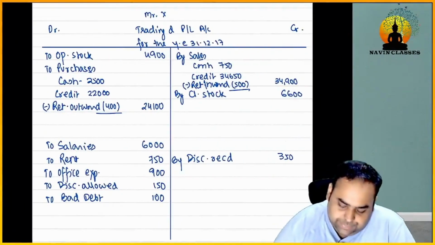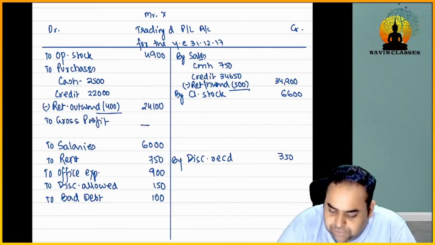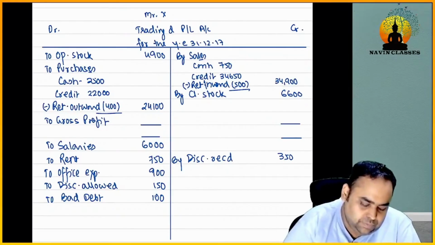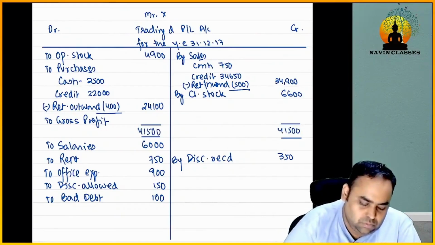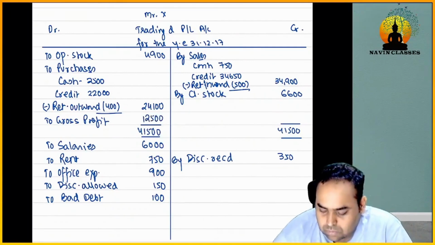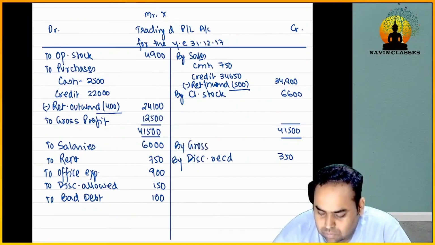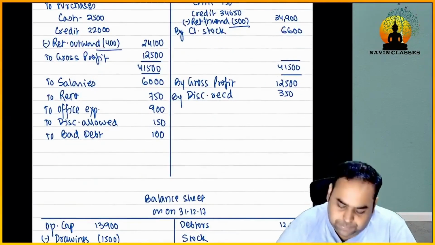How much is the GP? Gross profit. How much gross profit did we get? We got 12,500 GP.